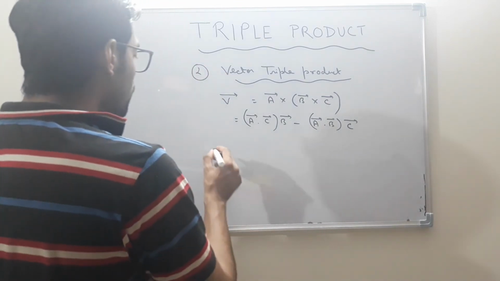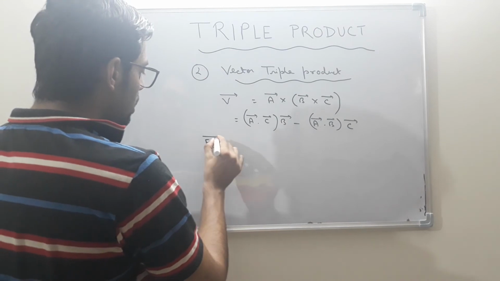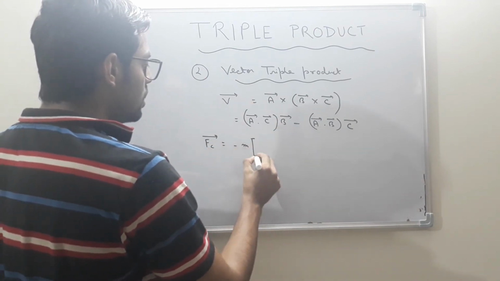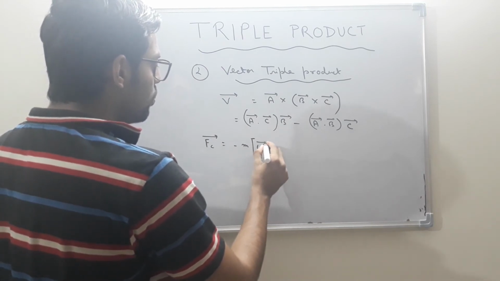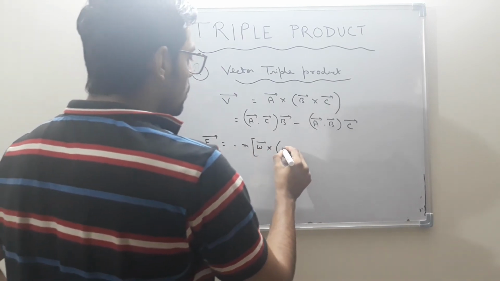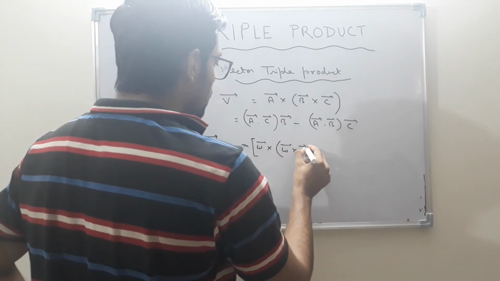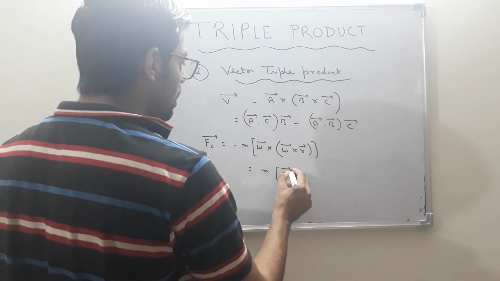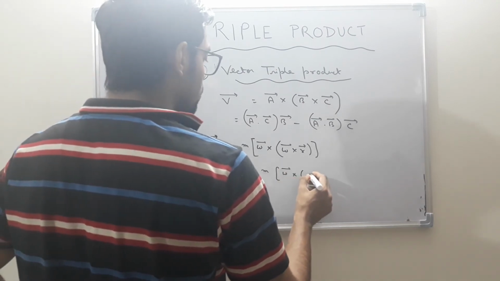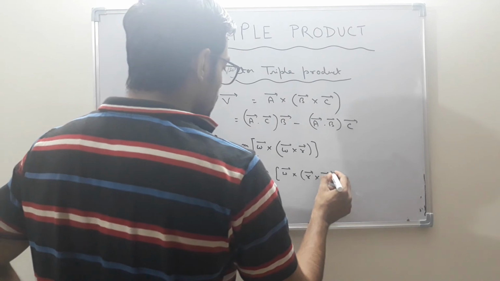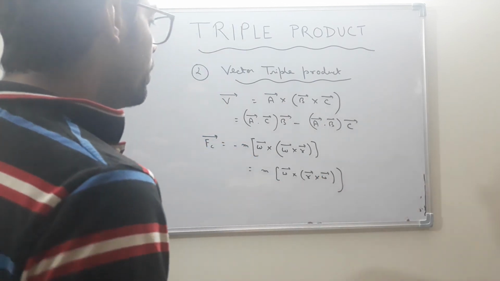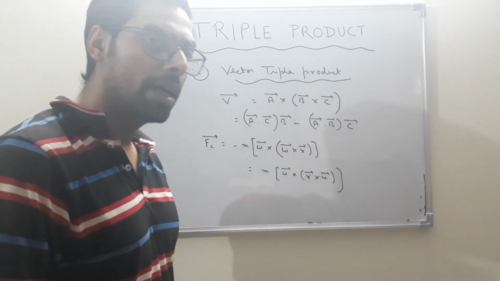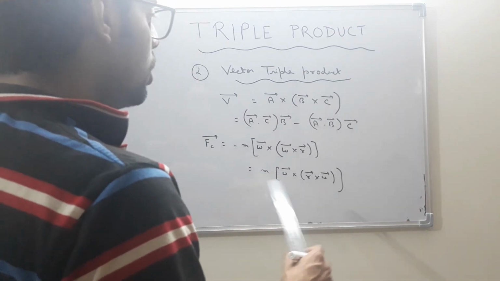So the centripetal force Fc can be written in the form of this vector triple product as minus m into omega cross r, or equal to m omega cross r cross v. Here omega represents the angular velocity, r is the radial vector and m is the mass of the particle which is doing the point particle rotation.